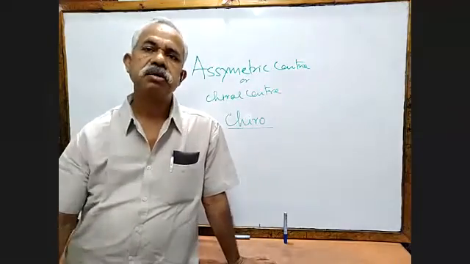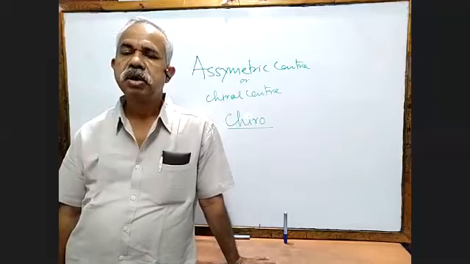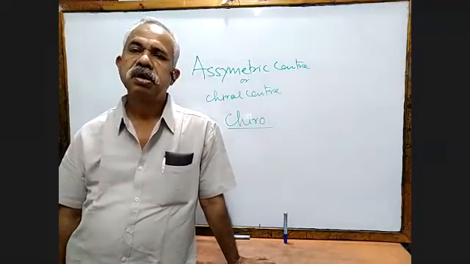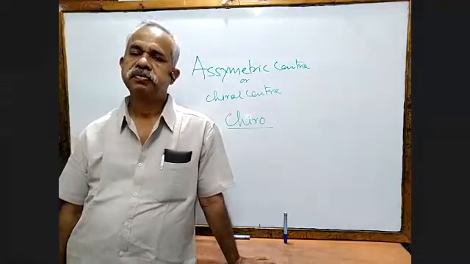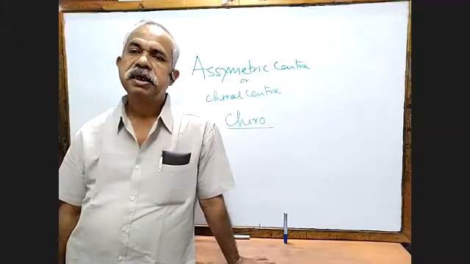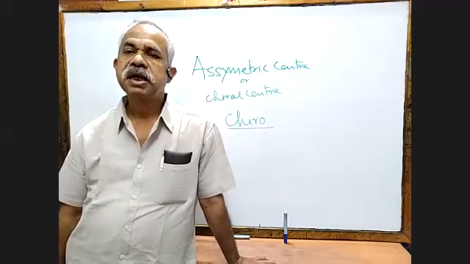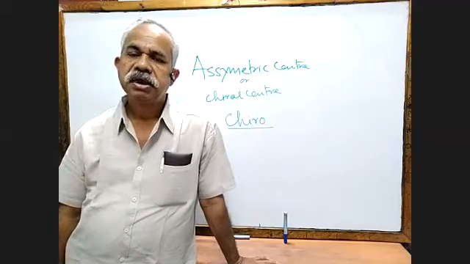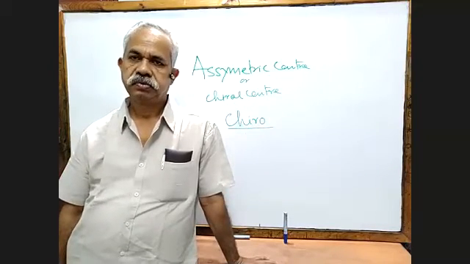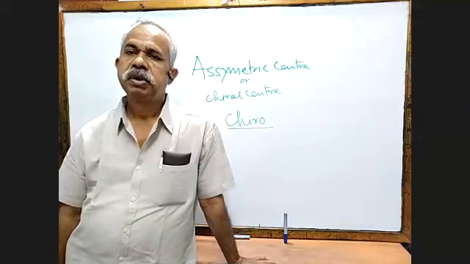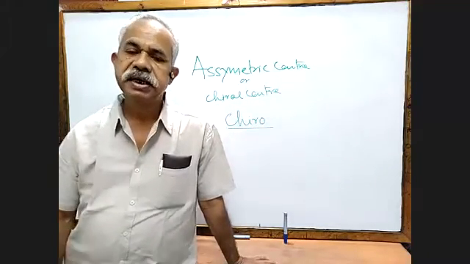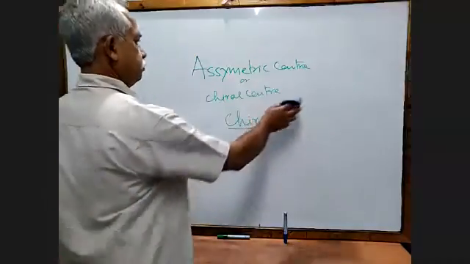But when we discuss organic molecules, we say asymmetric carbon or chiral carbon. So how should I define asymmetric carbon? Carbon has a valency of 4. So the first condition is that an asymmetric carbon should be an sp3 carbon.